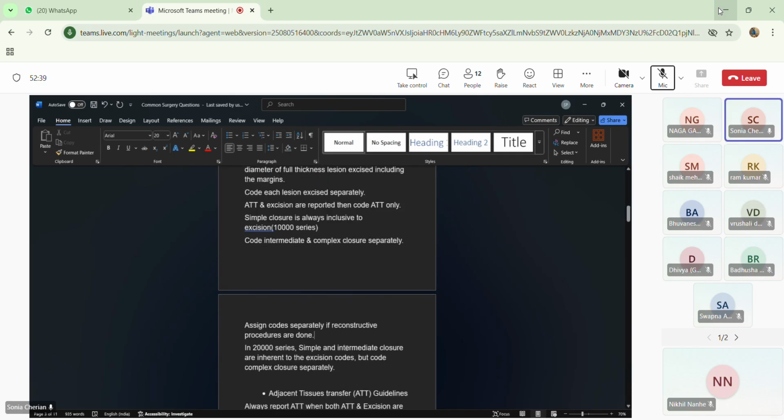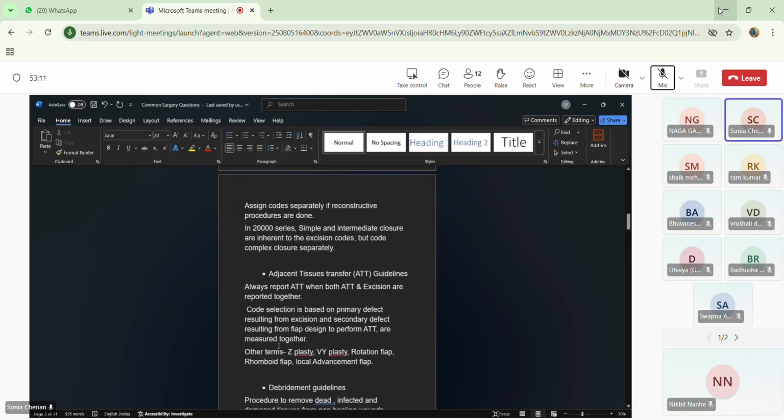Okay, so you can see here. In the 20,000 series, simple and intermediate closure are inherent to the excision codes, but code complex closure separately. And in both 10,000 and 20,000, if they are doing some reconstructive procedure, for example, graft or flap, those procedures you have to definitely code separately.